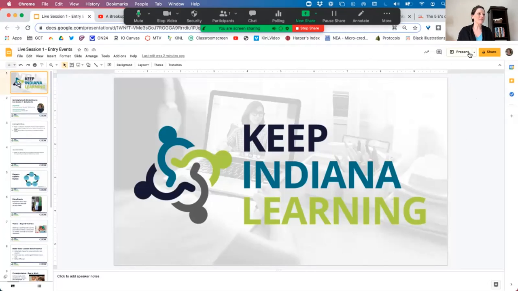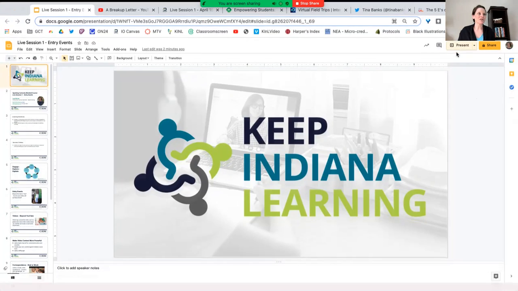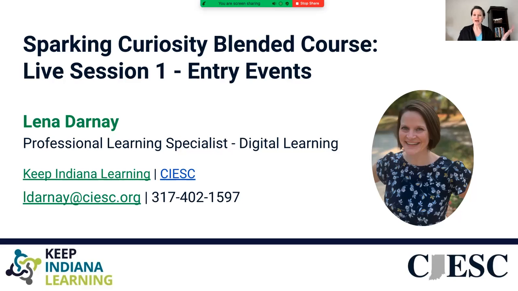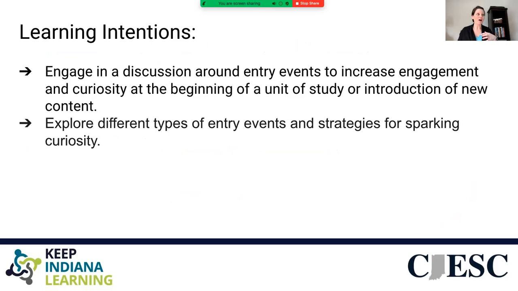All right. So in the explore before explain portion, you were able to really dig in to some of those fundamental concepts of keeping students engaged through sparking that curiosity. In this little mini lesson, we're going to talk about how we can engage ourselves in a discussion around those entry events and how they increase engagement, maybe some ideas for them, because that's often the hardest part.